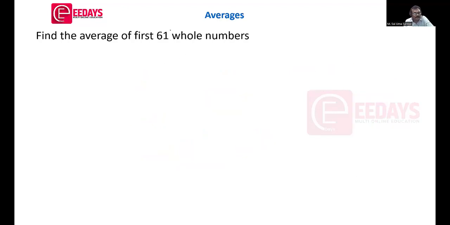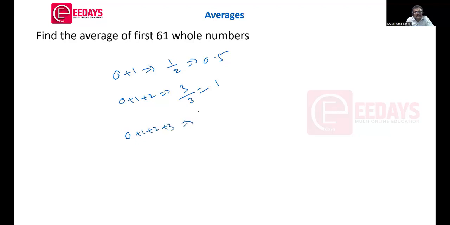First 61 whole numbers. What is the whole number? Start with 0. First 2: 0 plus 1 is equal to 1 by 2, that equals 0.5. 0 plus 1 plus 2 is equal to 3 by 3, that is equal to 1. So 0 plus 1 plus 2 plus 3 is equal to 6 by 4, that is equal to 1.5.